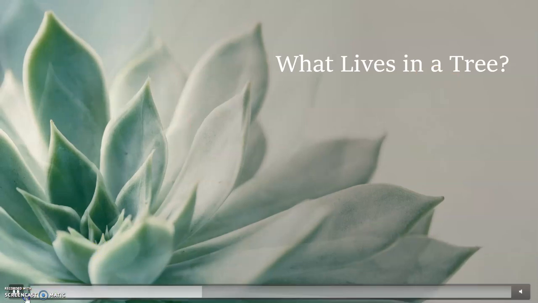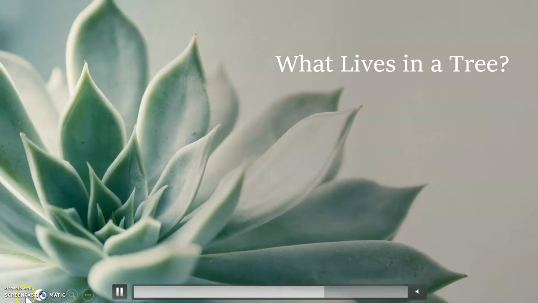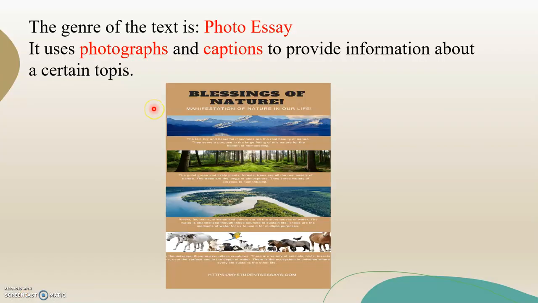Let's start. First of all, as usual, we're going to talk about the genre of the text. As you remember, kids, the word genre means type or kind. So the genre of this text, What Lives in a Tree, is a photo essay. What is the meaning of photo essay?